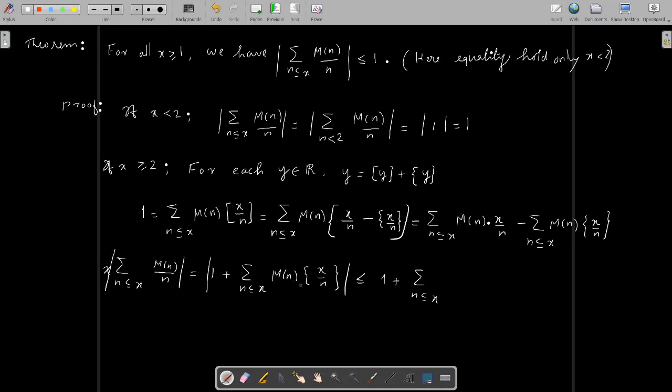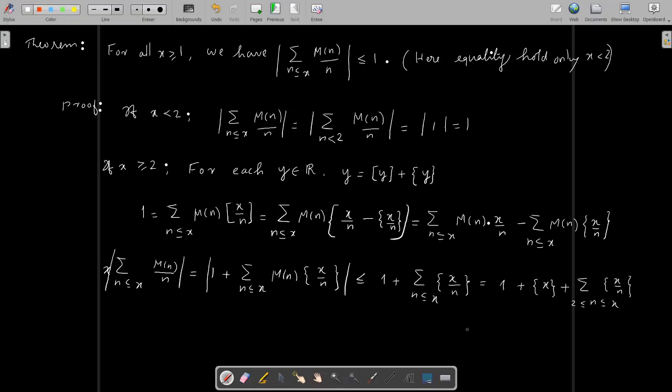Modulus of mu of n is 1 and the fractional part of x by n is always positive, so you need not worry about the absolute value. So this can be written as 1 plus, we extract the first term, so that will give the fractional part of x. If you put n equal to 1 here, you will get the fractional part of x. Then we have the sum over 2 less than or equal to n less than or equal to x of the fractional part of x by n.